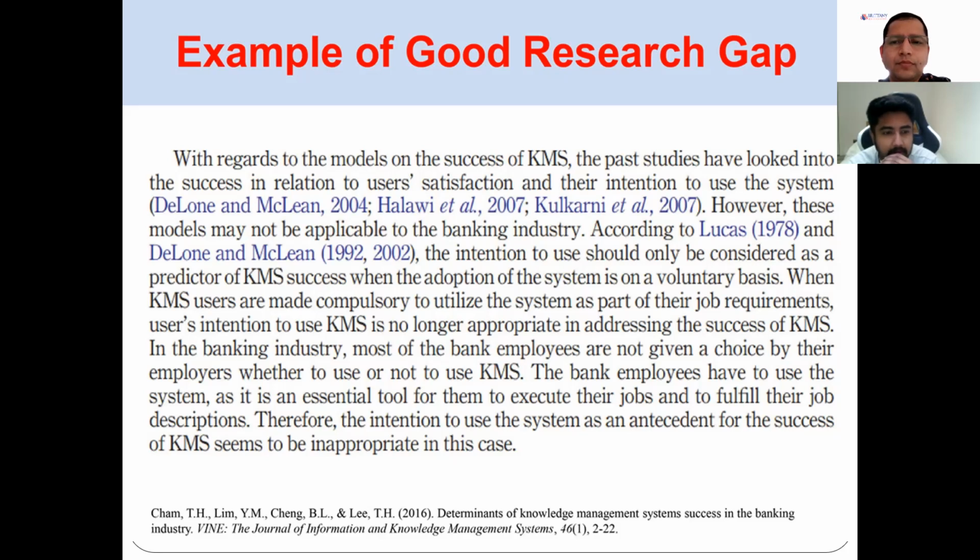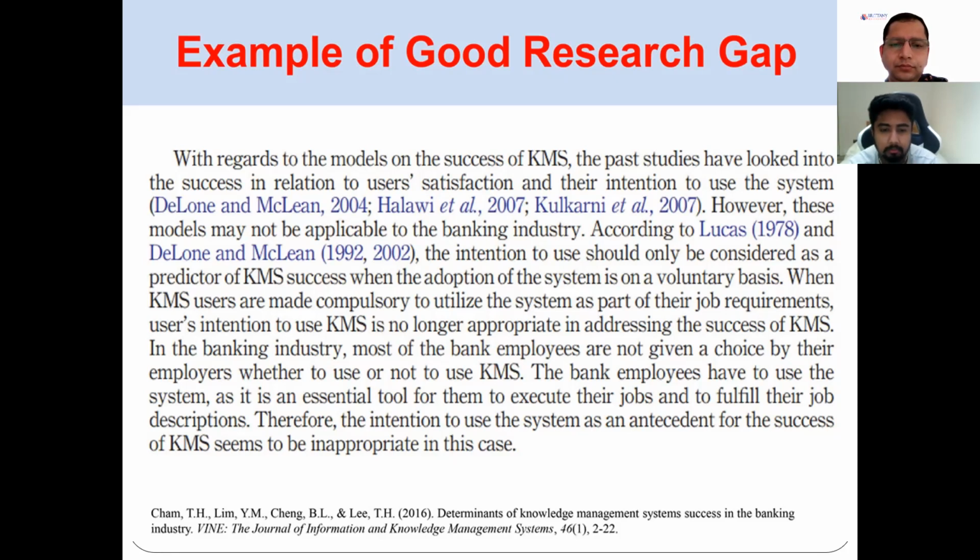However, these models may not be applicable to the banking industry. According to Lucas and DeLone and McLean, the intention to use should only be considered as a predictor of KMS success when the adoption of the system is on a voluntary basis. When KMS users are made compulsory to utilize the system as part of their job requirements, users' intention to use KMS is no longer appropriate in addressing the success of KMS.